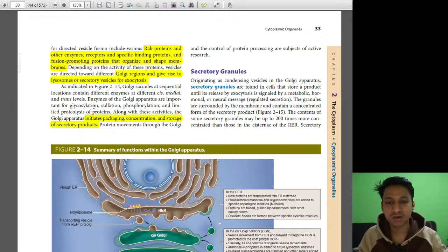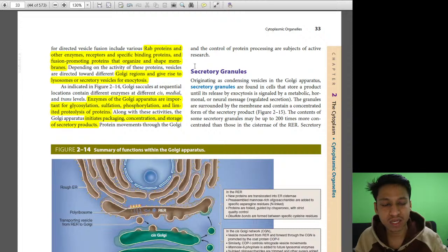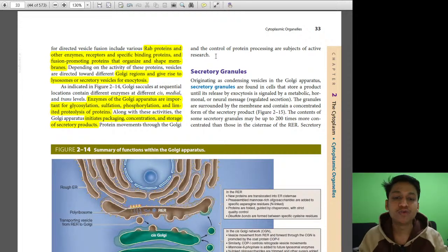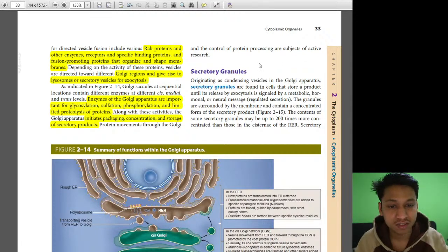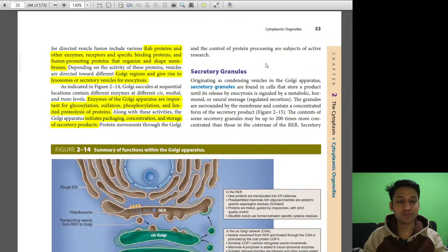Protein movement through the Golgi and control of protein processing are subjects of active research. So if you are interested in any kind of research work, you should consider this.